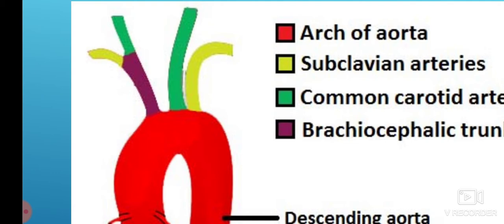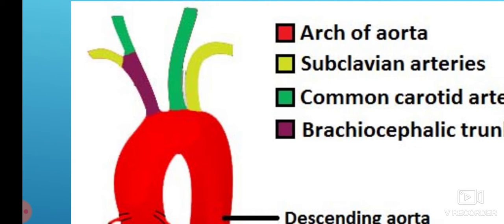But on the left side, these two arteries arise directly from the arch of the aorta. That is the difference. So an additional one, the brachiocephalic trunk, has been formed directly from the arch of the aorta, which gives the right subclavian as well as the right common carotid artery.